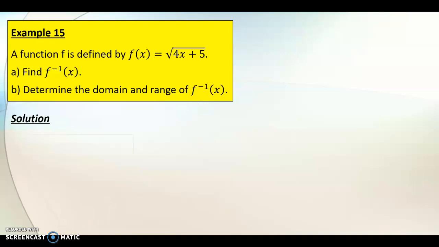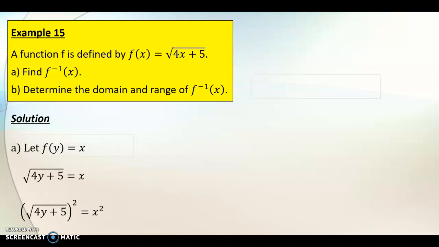The steps are still the same: we let f(y) be equal to x, and then we interchange the original function x with y. So that will be the square root of 4y plus 5 equal to x.